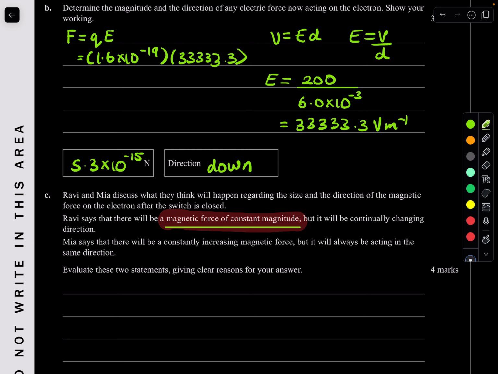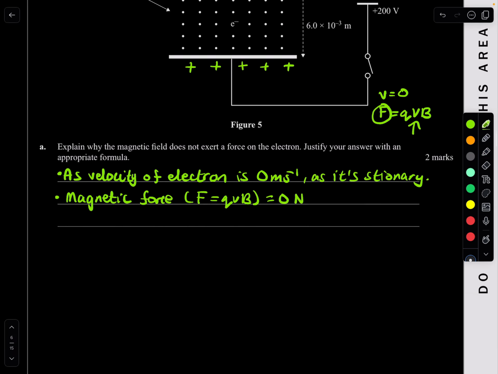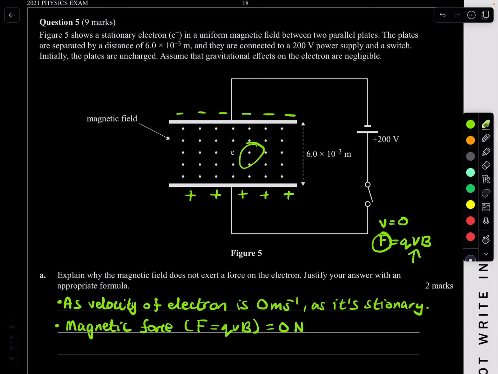The next thing he says is, but it will be continually changing direction. Now that's true. Because it has velocity in a magnetic field, it has a magnetic force, and the magnetic force is produced perpendicular to its velocity. Let's say in this case the electron goes down. Because it's an electron, I'm going to use my left hand.